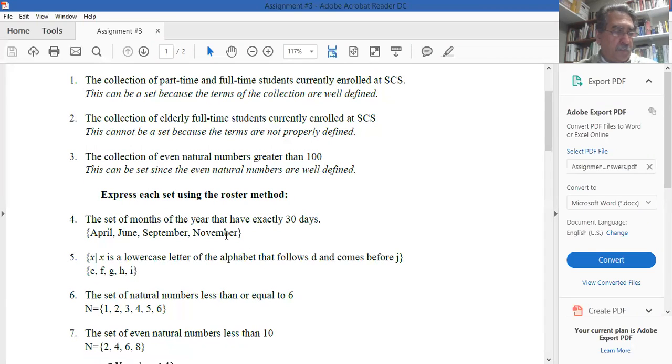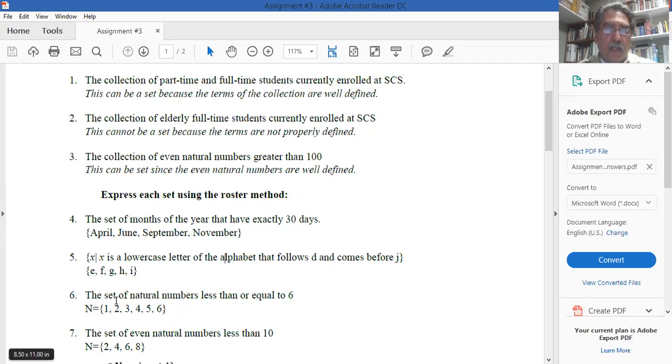When it says number 5, X is a lowercase letter of the alphabet that follows D and comes before J, so we are referring to E, F, G, H, I. You cannot include D and J because it says it follows D and comes before J. So it doesn't include D and it doesn't include J, okay?